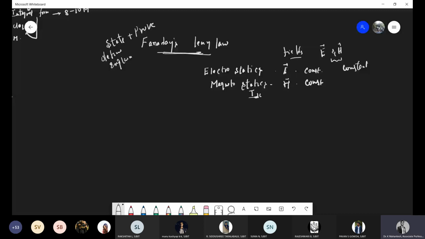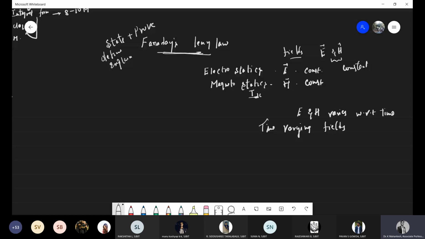See, if E and H vary with respect to time, then we will call it time varying fields. So assume that a magnetic field is varying with respect to time.